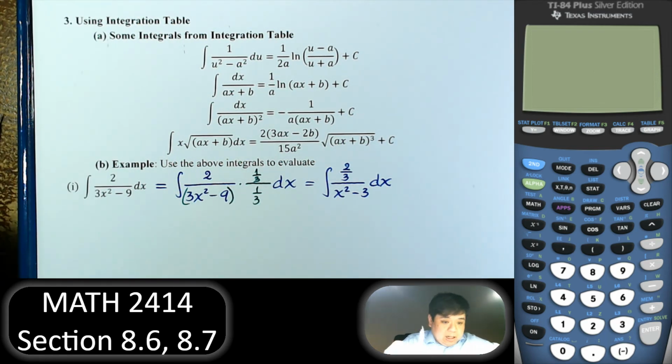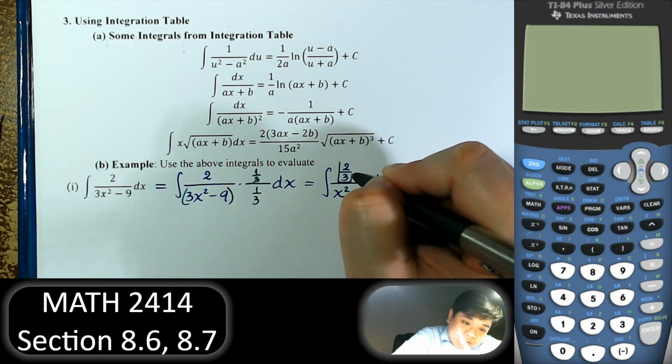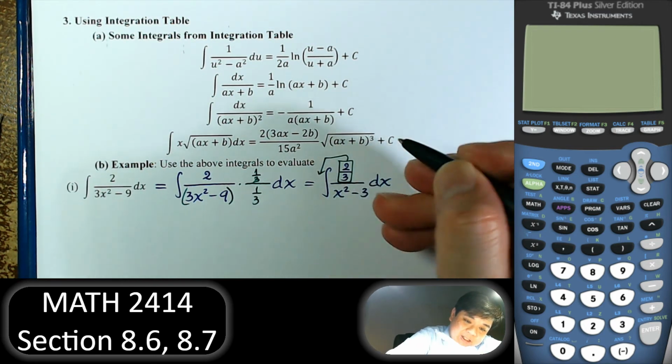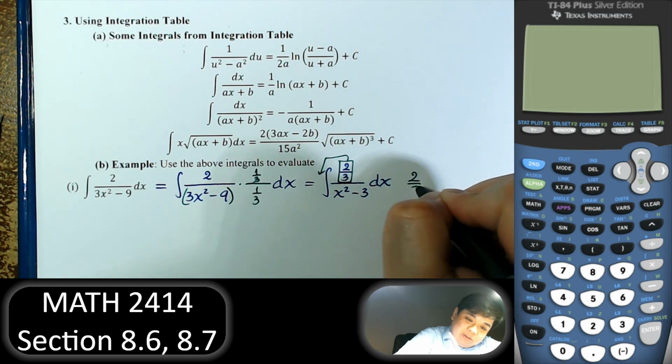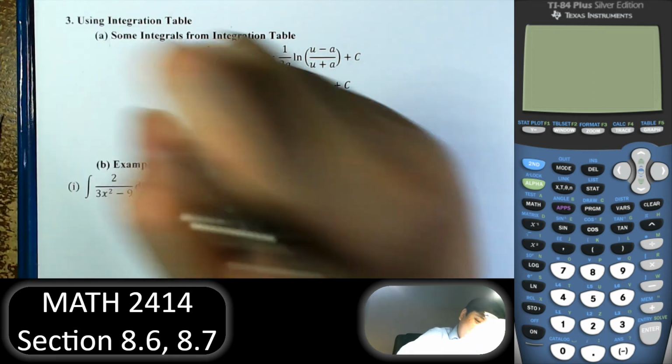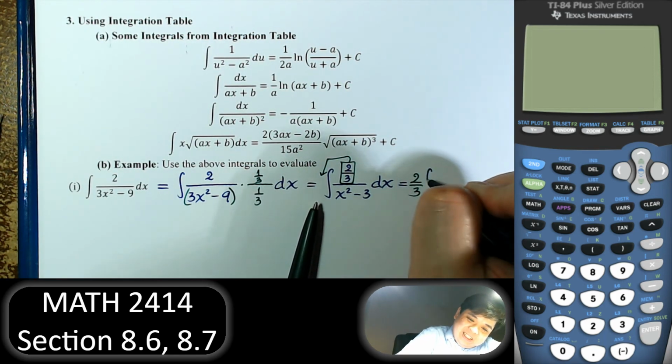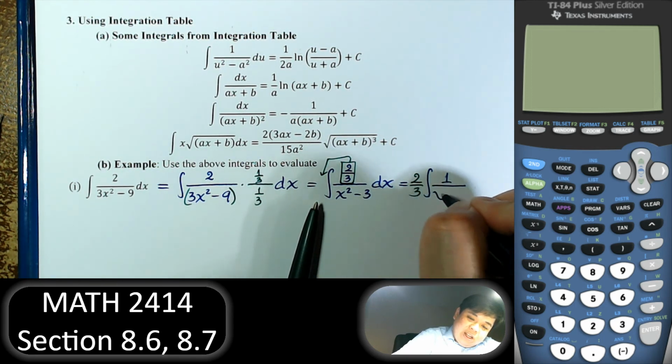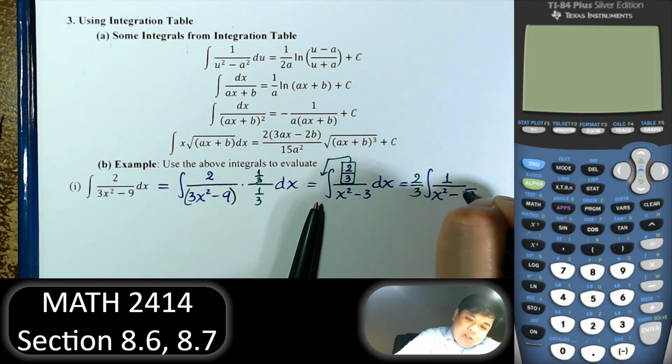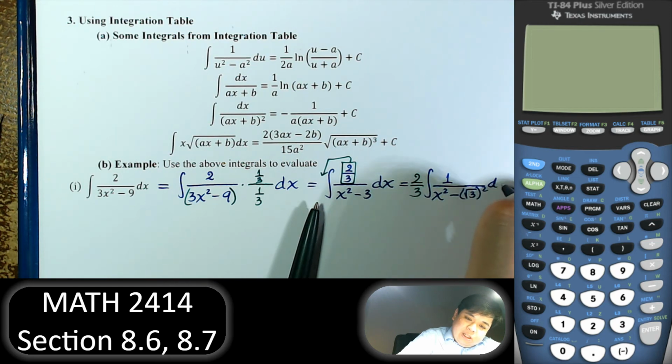Even though I use the color code, sometimes I forgot that constant. And now we write x squared minus the square root of 3 squared, dx.